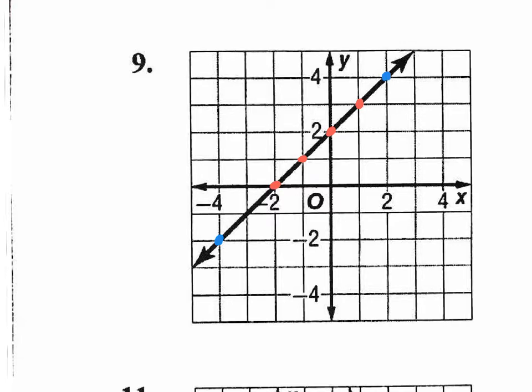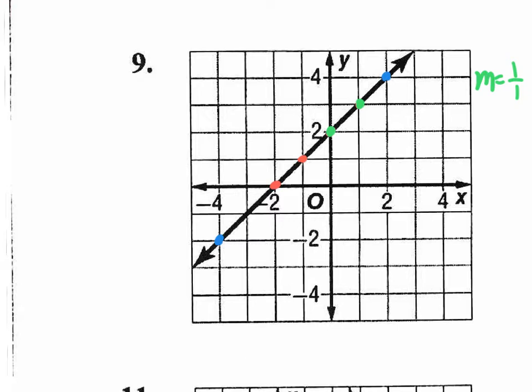Let me explain here. So if we look at, let's say, this green one and that green one, what's your rise and what's your run? Your rise is 1, and your run is also 1. So it's really the slope 1 over 1. Okay. So if I say my slope is 1 over 1, that is correct. Now, what if you use the blue ones?